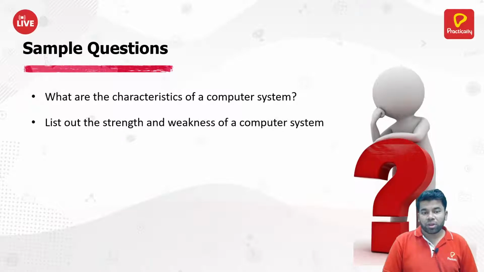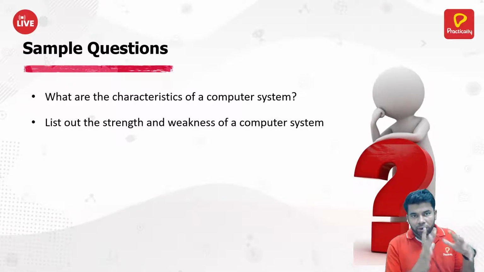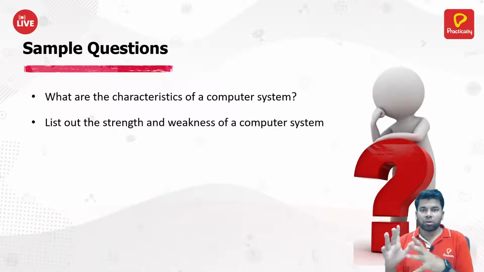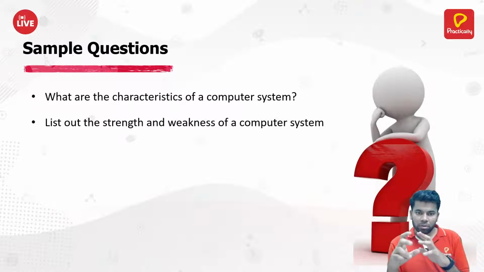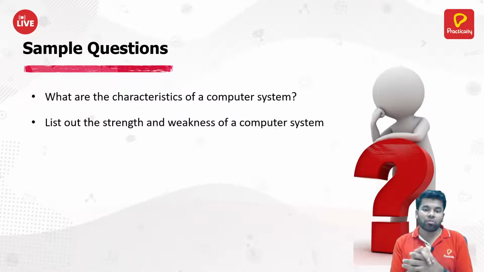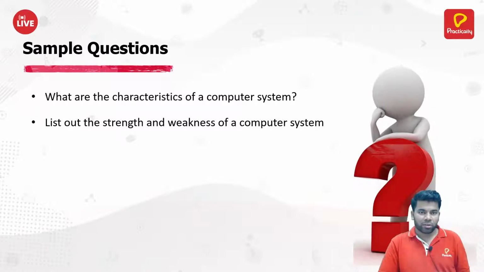What are the strengths and weaknesses of a computer system? In the strengths you can count all the characteristics. For the weaknesses you can count the limitations of the computer system. For example, the computer is user dependent.